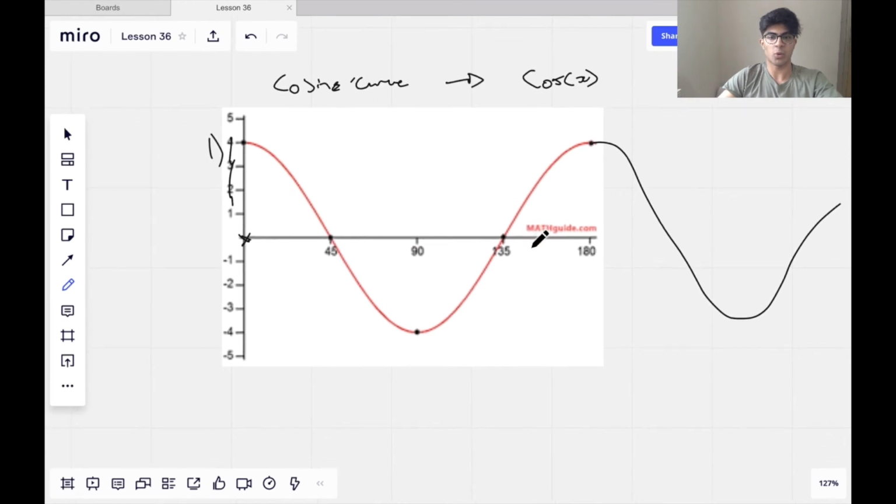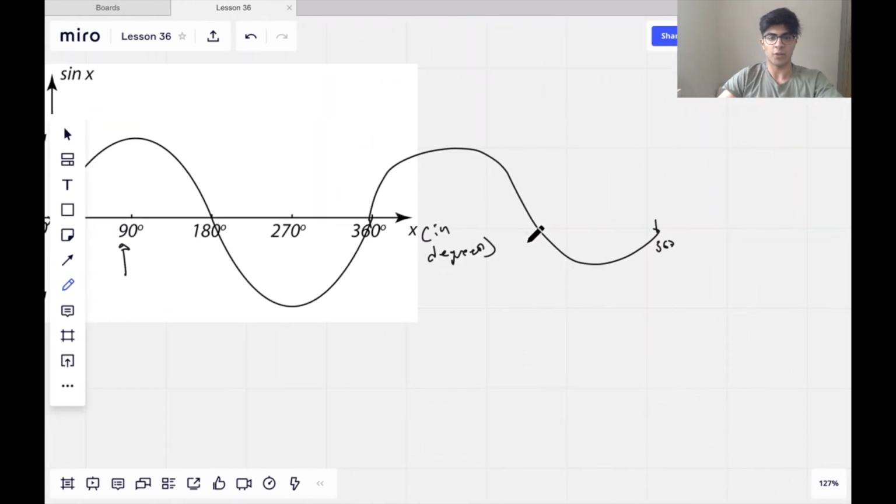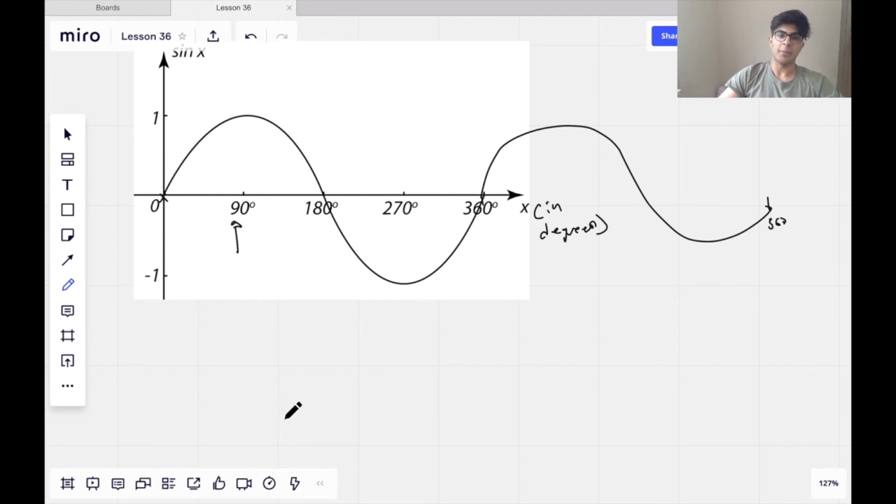I may as well explain why it repeats every 360 degrees. Sine comes from the idea of a unit circle. If you draw a triangle with an angle x in the circle, there are 360 degrees, and as x changes you can find a value of sine of x from it.